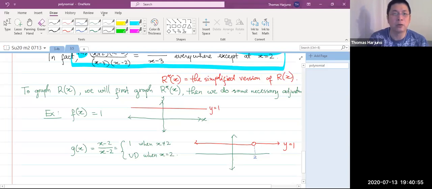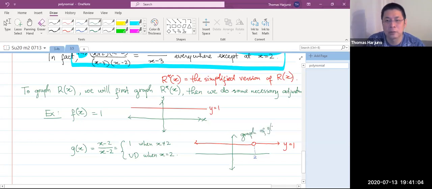Okay, now this is the graph of g(x). Now compare that with the graph of f(x).